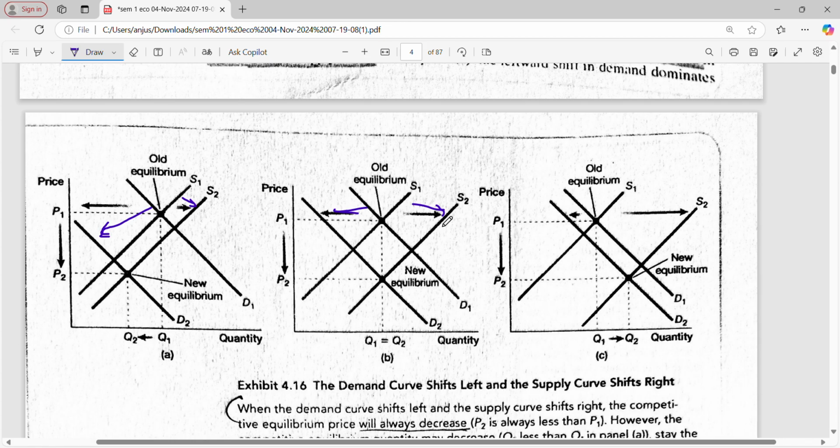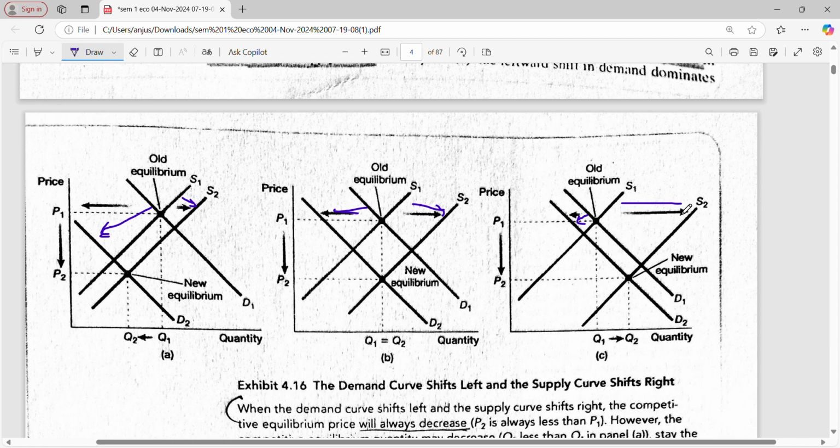So, in the first graph we saw the leftward shift is dominating, so the quantity decreased. In the second graph, equilibrium quantity stays exactly the same. Q1 is equal to Q2. In the third graph, now we are talking of the quantity only, okay? In the third graph, we can see the demand curve shifts only a little, whereas the supply curve dominates.